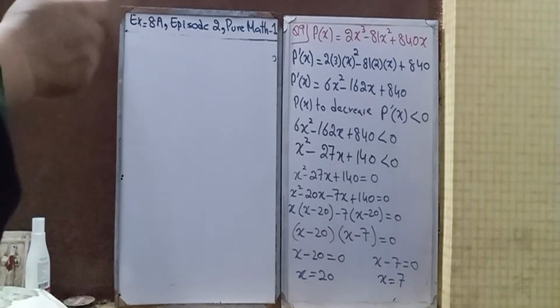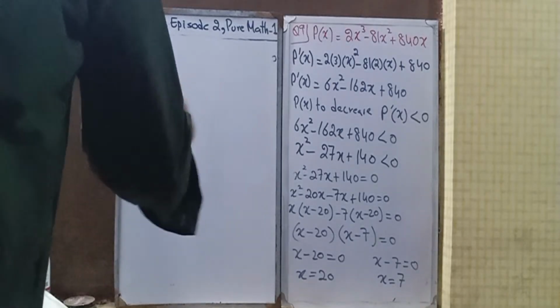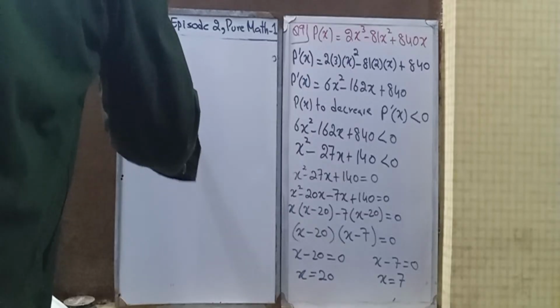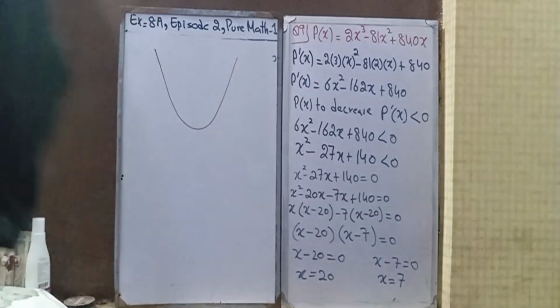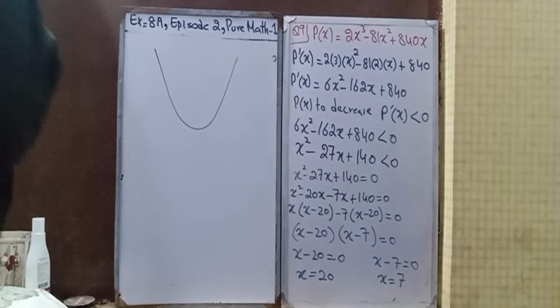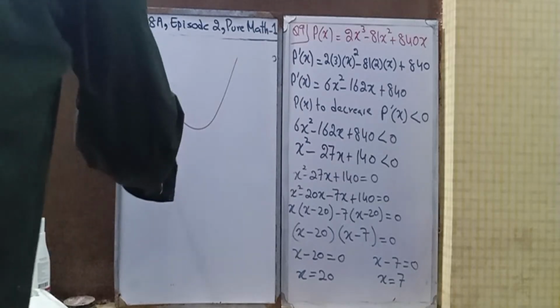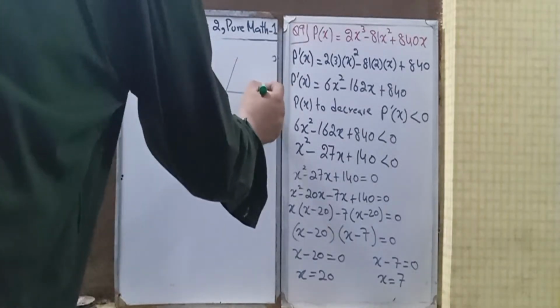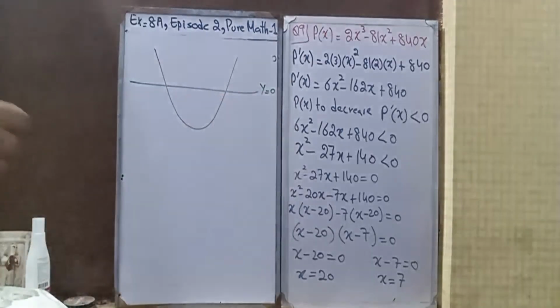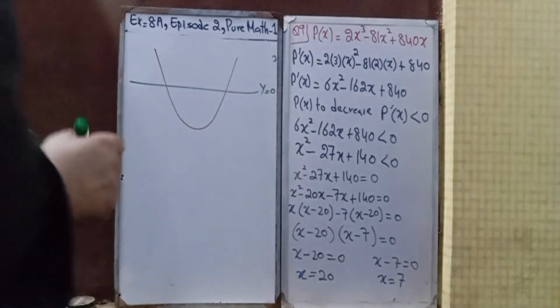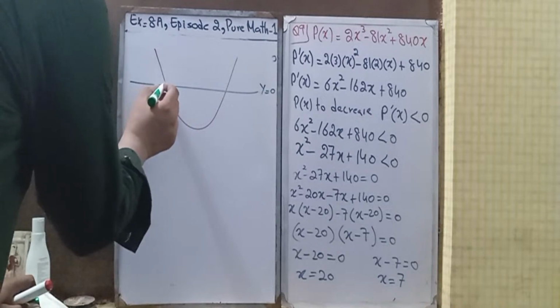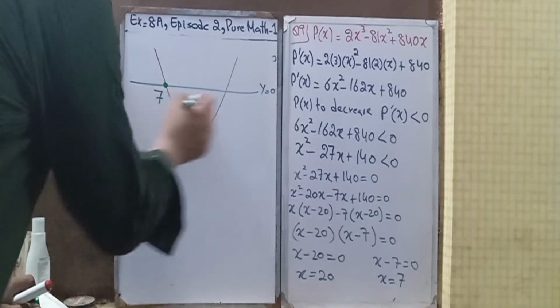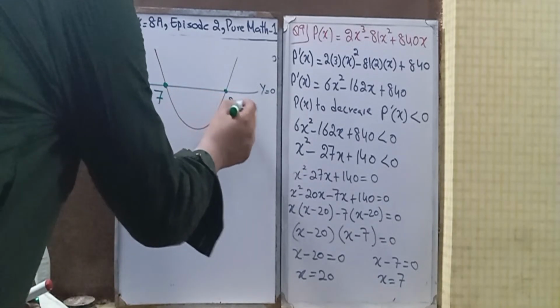The x squared coefficient is positive, so basically this is a happy face. And this is my y equals to 0. There you have two x-intercepts. One is at 7, the other one is at 20.